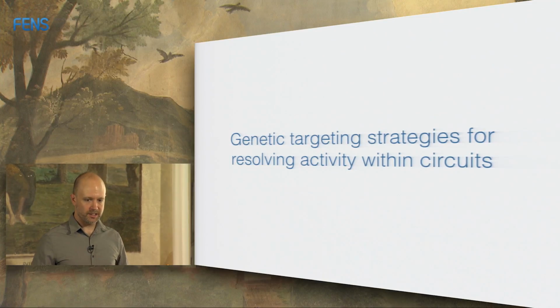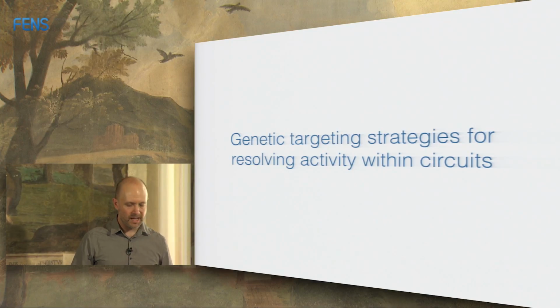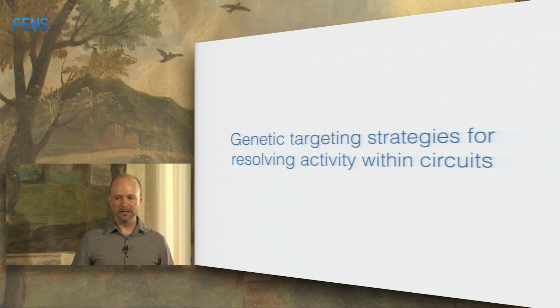With optogenetics and chemogenetics, you're functionally manipulating neural circuits to see what happens to behavior. But if we don't actually know the endogenous activity properties of these cells or circuits, it really makes it difficult to make informed manipulations.